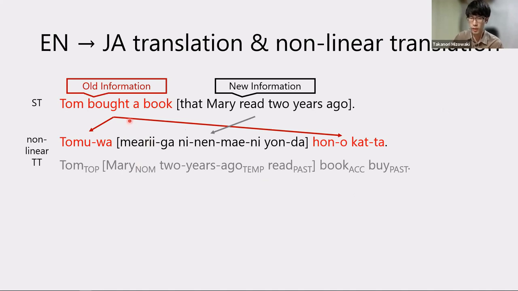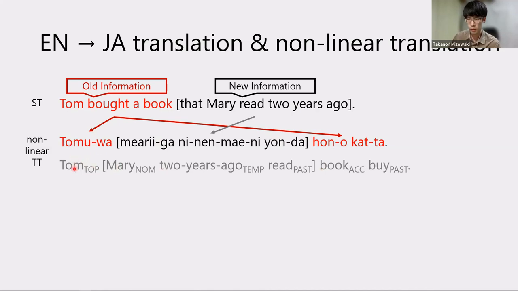For example, suppose the source text is "Tom bought a book that Mel read 2 years ago." If we translate it into Japanese in the normal way, in English to Japanese translation, the translation text would look like this.